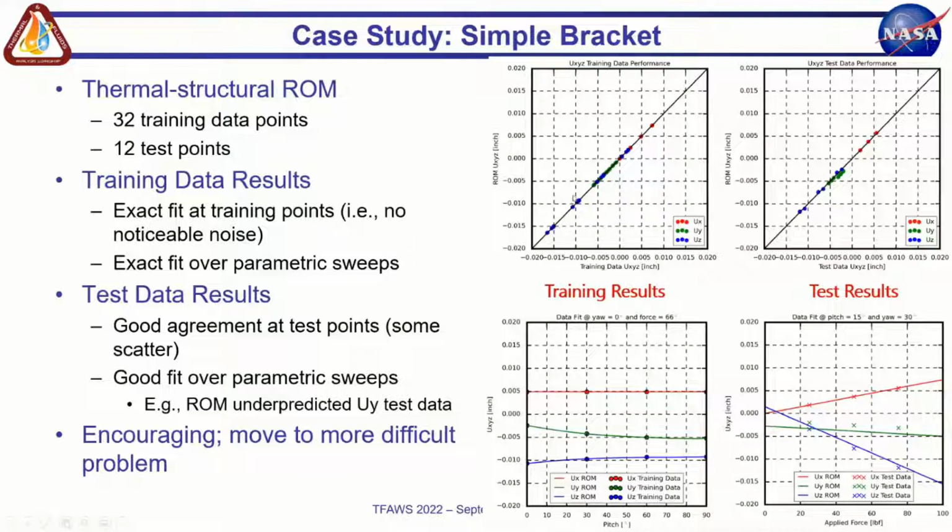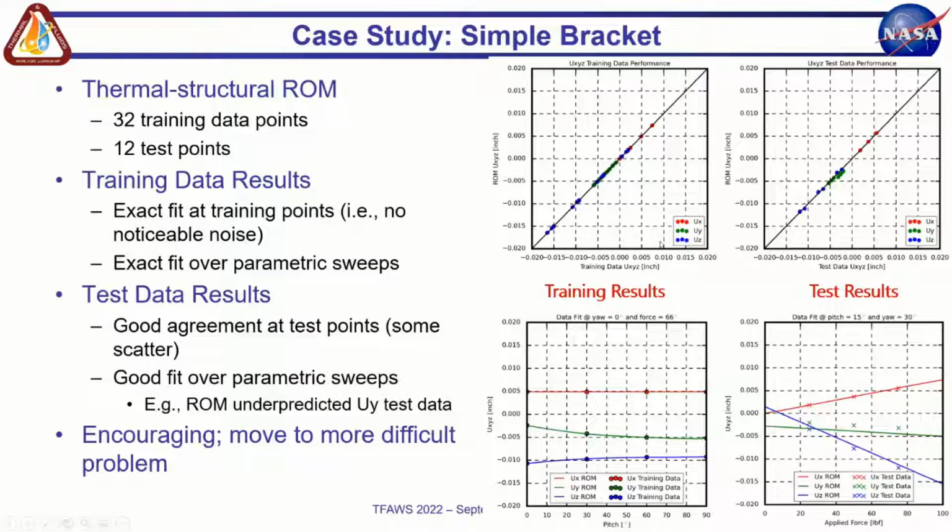And we see that here. They fall on a 45-degree line, meaning that the reduced order model and the truth results are in perfect agreement. Did a couple parametric sweeps just to kind of further prove that. These solid lines are the reduced order models that were developed, and the dots here are the training data points.